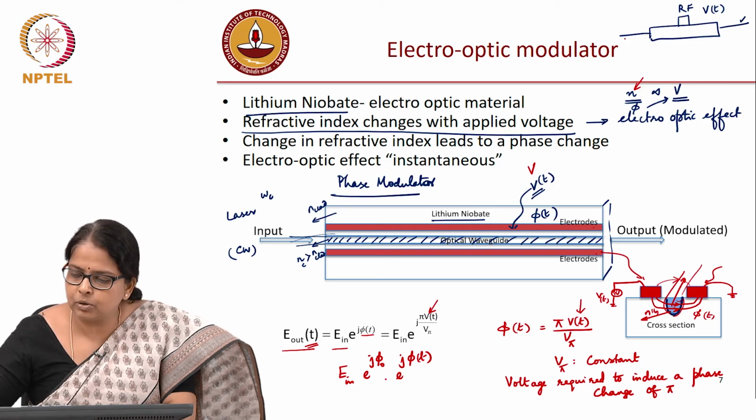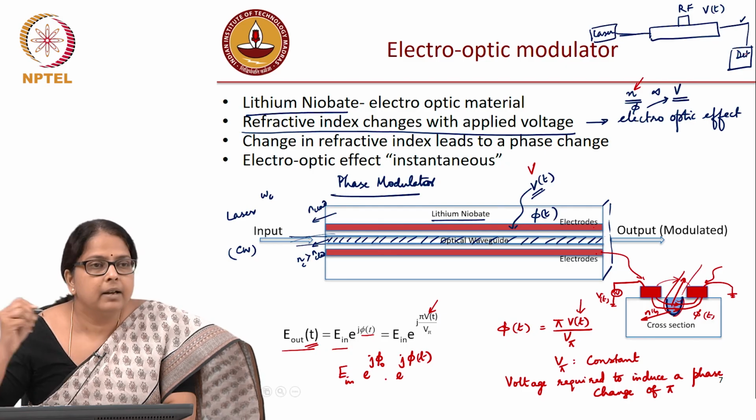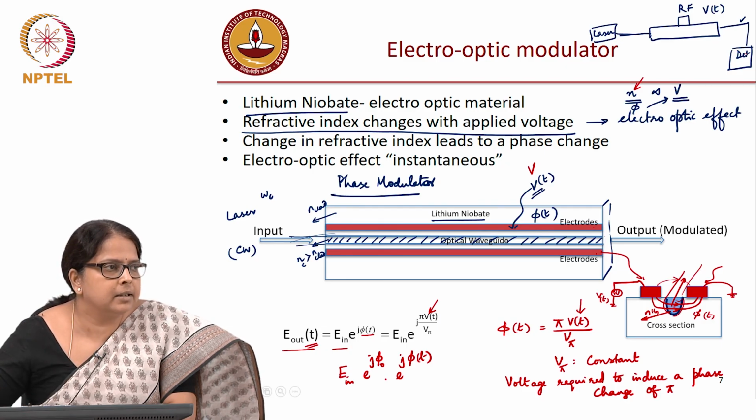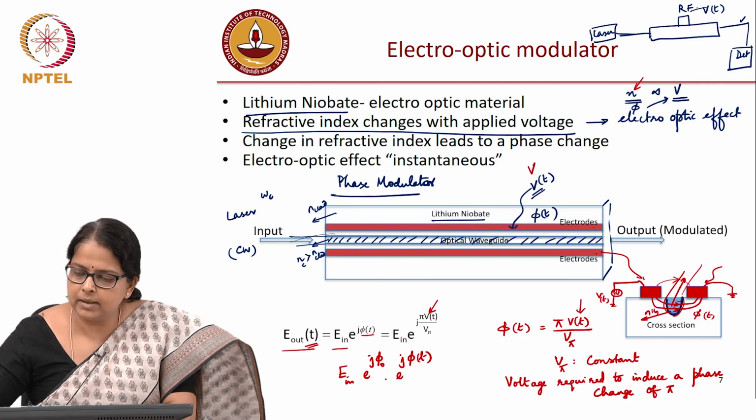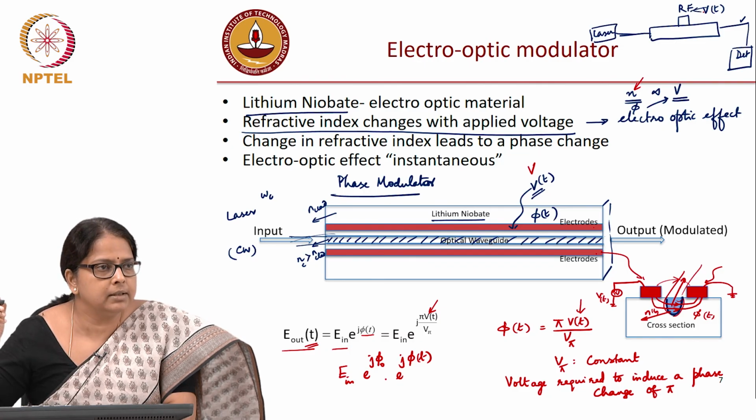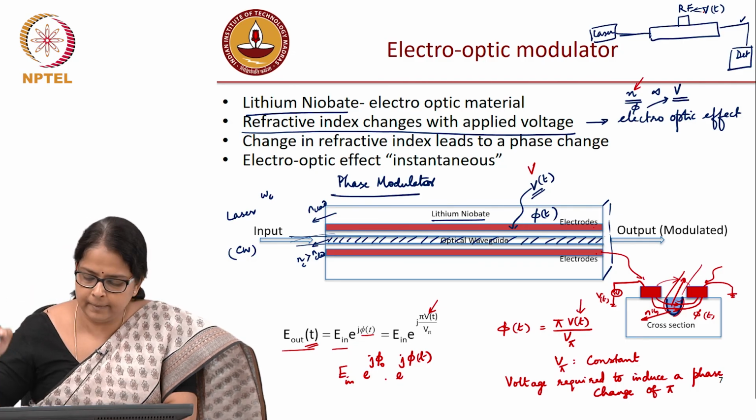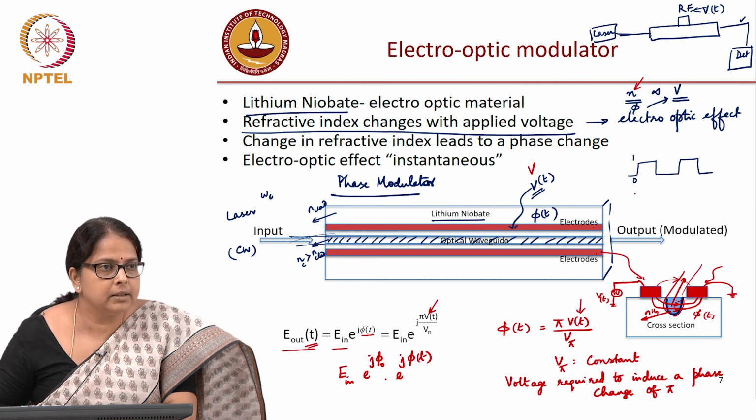So, I take my laser, connect it to the modulator, and this is my detector, and let us say this detector has the ability to detect phase, right. All that I need to do is to give this RF into the modulator, VRF, at 25 gigabaud. So, I signal my V of t at zeros and ones, right, 0 and 1.